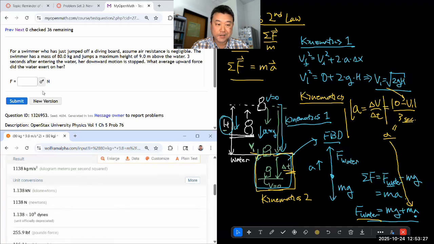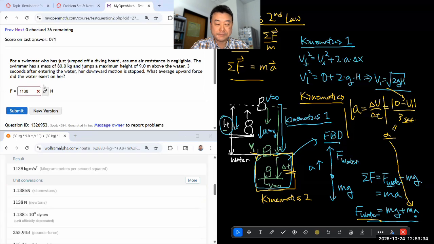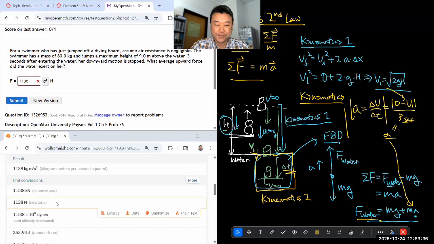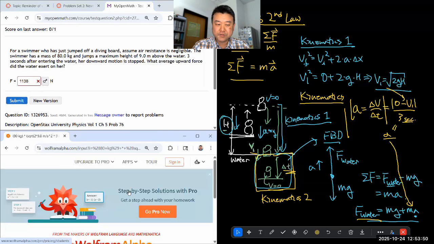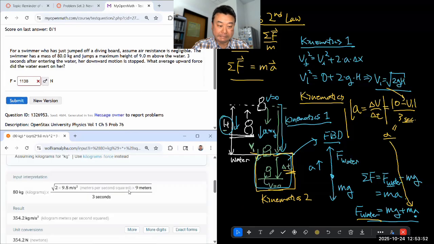Now there's a slight chance it'll be graded as incorrect if the question writer forgot about gravity here too. So let me do a different version of this answer where we forgot about gravity. If they asked for the average upward net force, then sure, but I think you really should include gravity here.